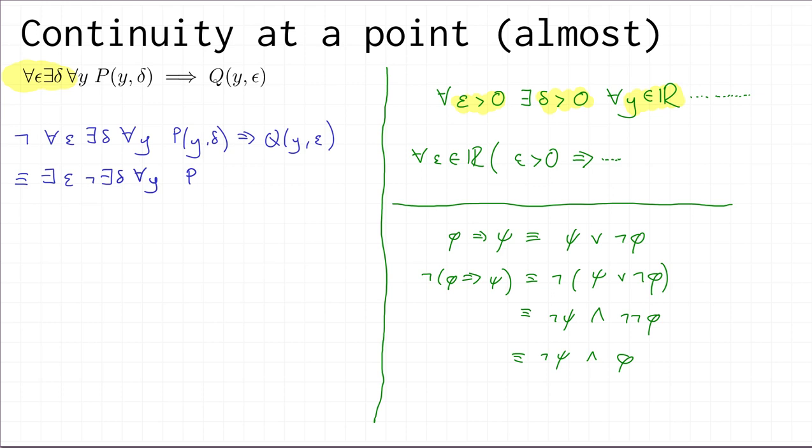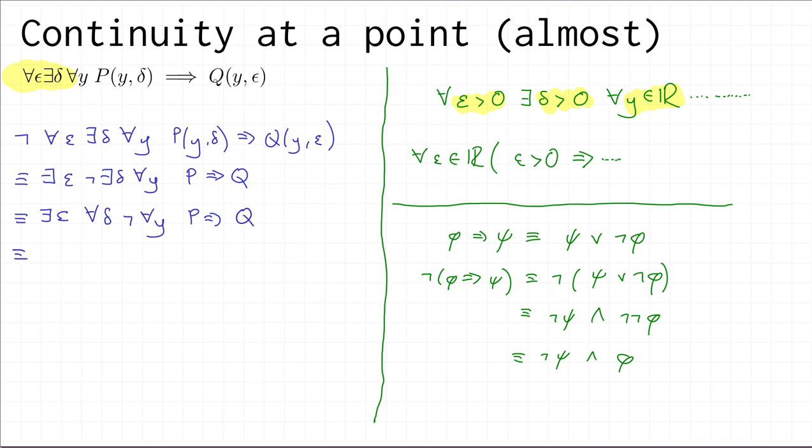I'm just going to be a bit lazy here and write p implies q rather than p of y delta implies q of y epsilon. Of course, that's logically equivalent using our negation trick again to exists epsilon for all delta, not for all y, p implies q. And we can do it again.